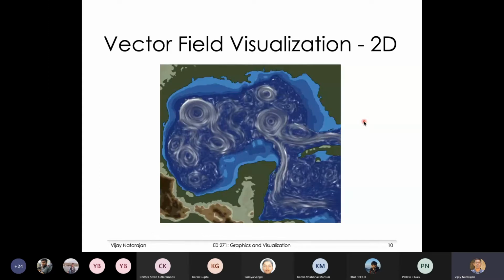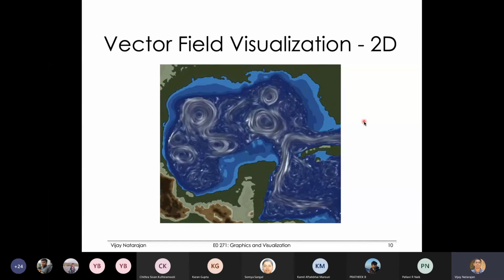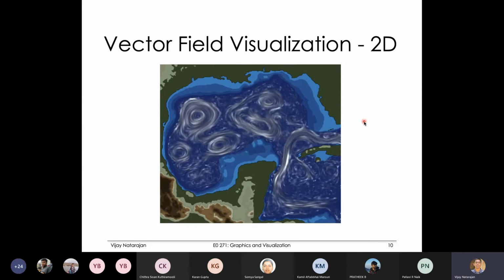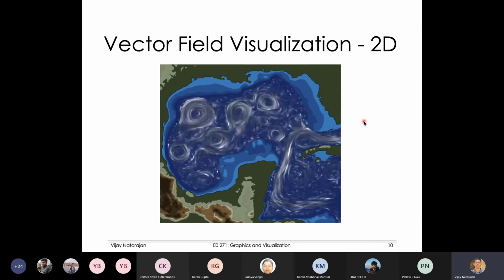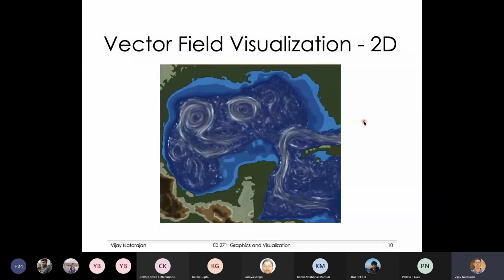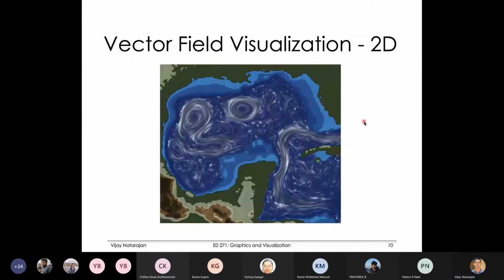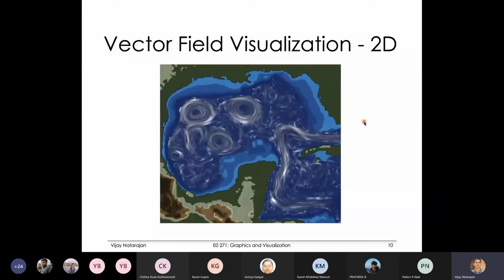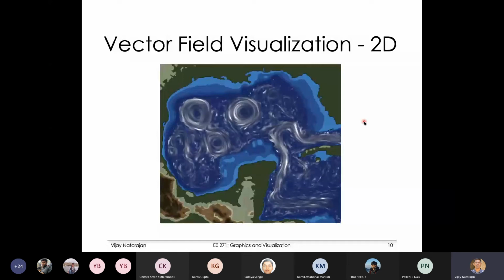So here is a 2D vector field visualization using LIC. But the difference now is that the vector field changes over time. So the LIC images have to be coherent when you compute them across time. You compute the LIC at every time step, then blend all those time steps together to form a video.